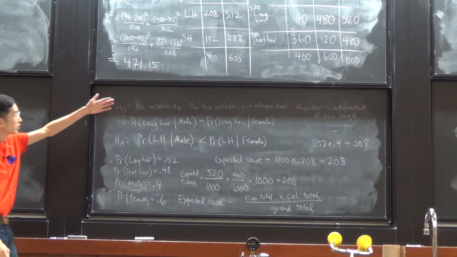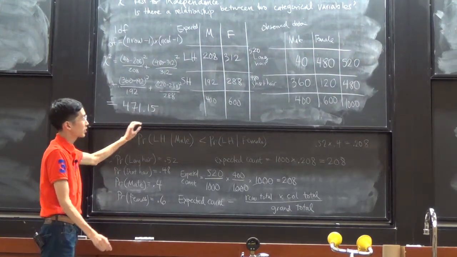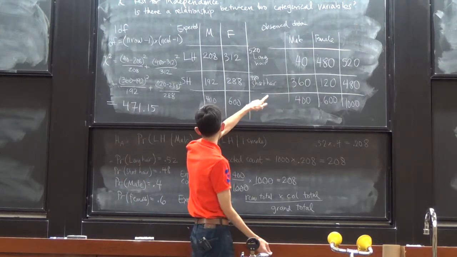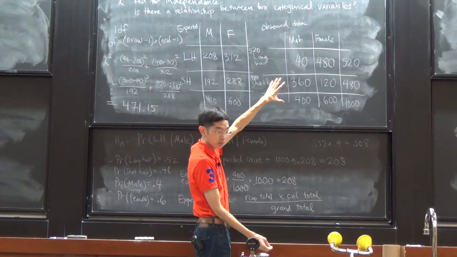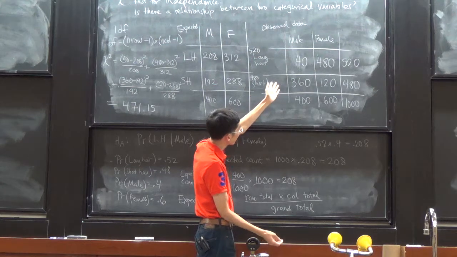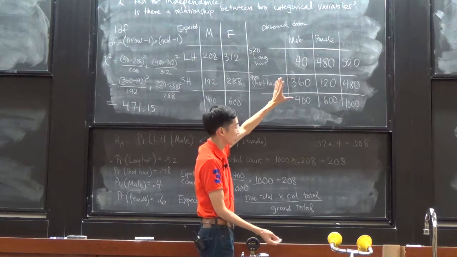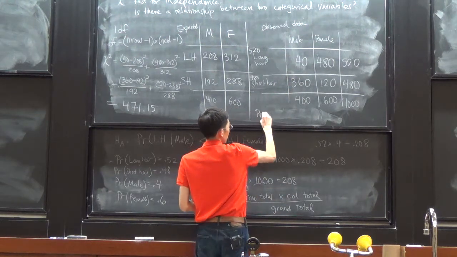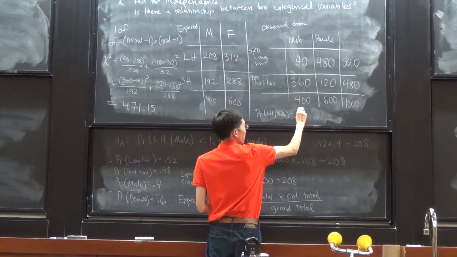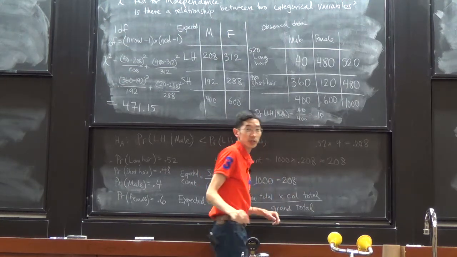And so we would go to our table, and to do our directionality check, we just want to verify that when we look at our data, and if I pick someone who's male, what's the probability that he has long hair? Okay, according to our data, probability of long hair given male would be what? 40 divided by 400, 0.10.